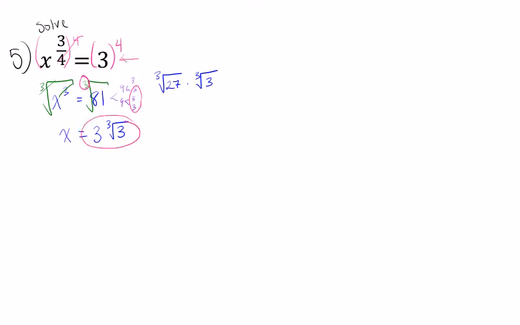So if I do 3 cube root 3 to the 3/4 power, does it equal 3? And just remember once again that 3 cube root 3 is equal to the cube root of 81. So the cube root of 81 to the 3/4 power, does that equal 3?